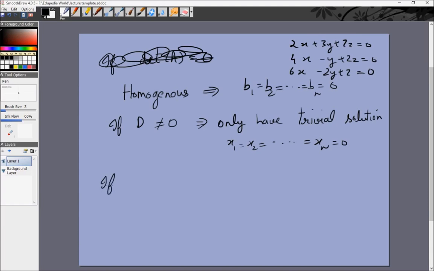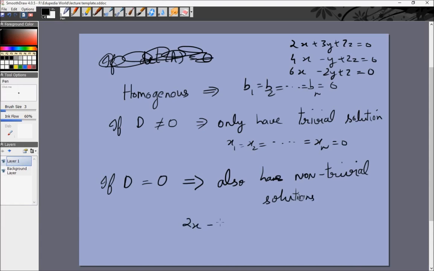However, if d happens to be 0, that means this system, along with this solution, also has non-trivial solutions. Right. A simple example would be 2x minus y is equal to 0 and 4x minus 2y is equal to 0.